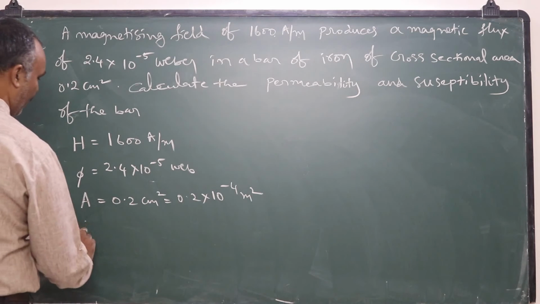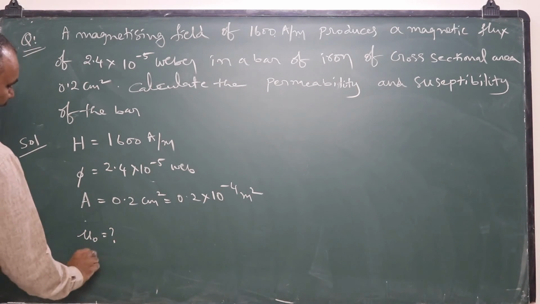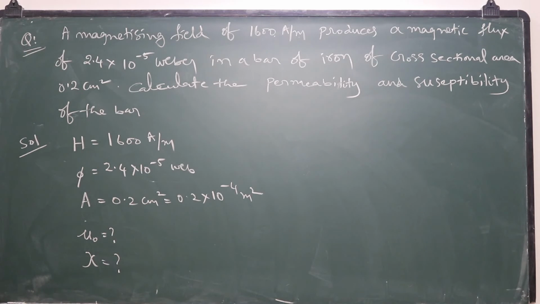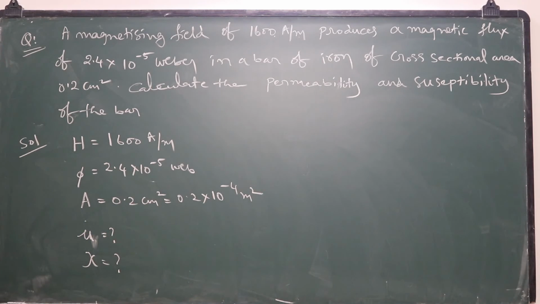Calculate the magnetic permeability mu and susceptibility chi. These are the two values you are required to find. Magnetic permeability of the bar, it's not for free space. Free space is known to you.